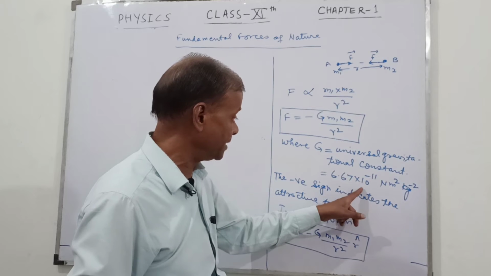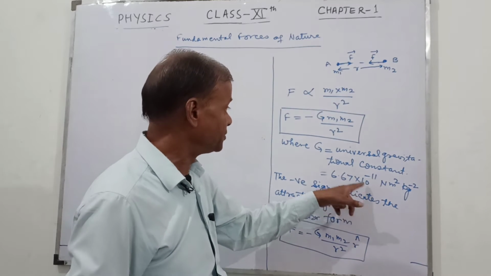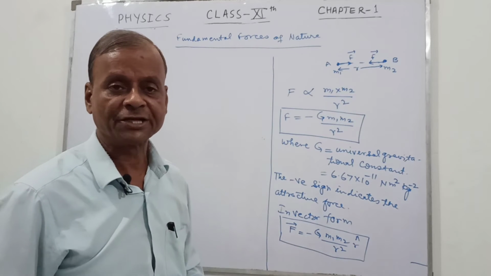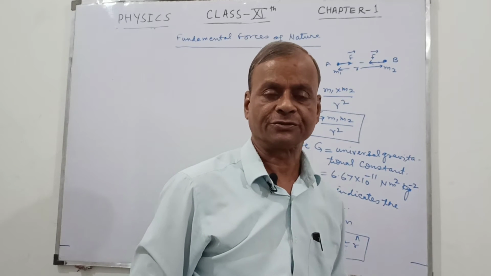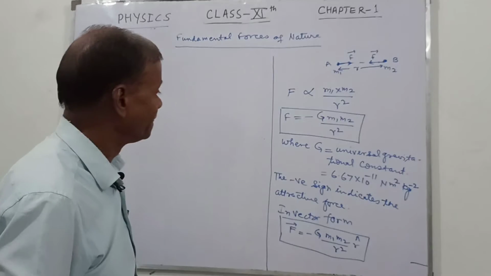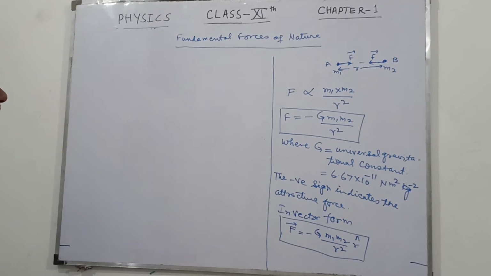And this factor, 10 raised to the power minus 11, reduces the value of F so much that we cannot experience the attractive force. So this is the reason. This is the gravitational force.